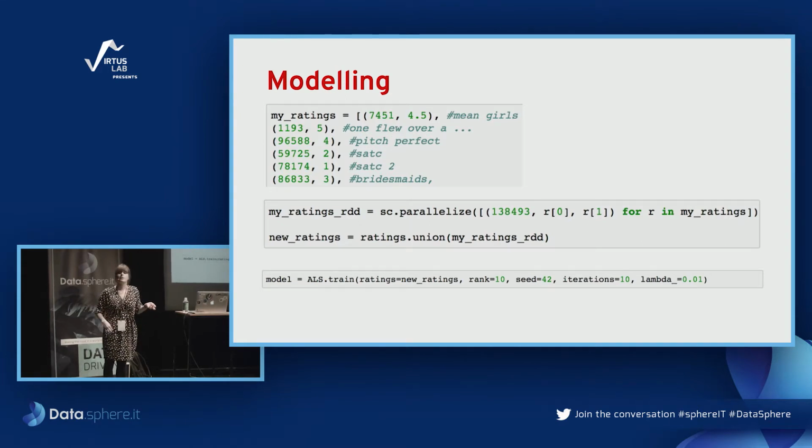That's just a value that was not yet taken in the matrix. In the next line, I go on and append my ratings to the main ratings matrix. And then finally, we build the model. Building the model with 10 iterations on that large data set takes about 2 minutes, and on the small data set with 100,000 ratings takes about 10 seconds.